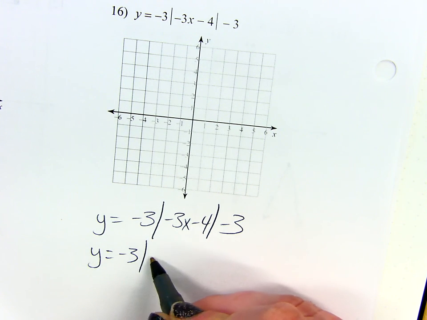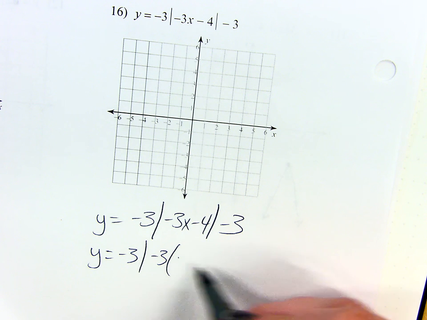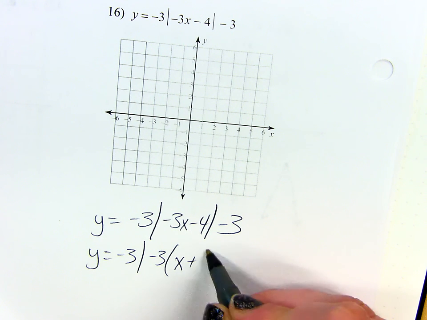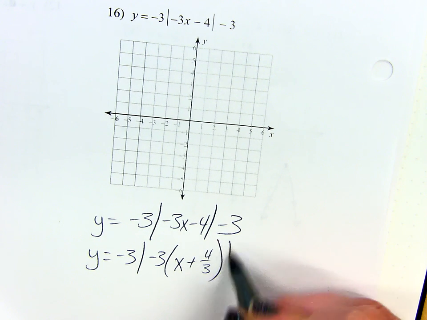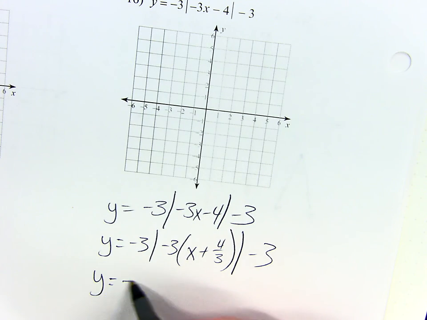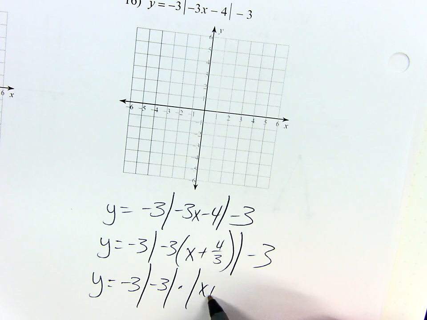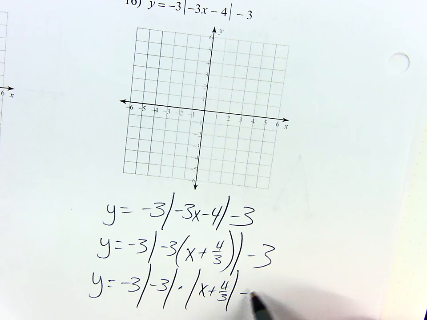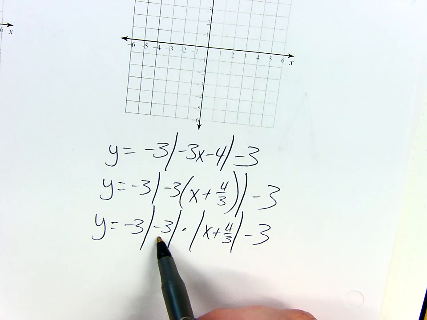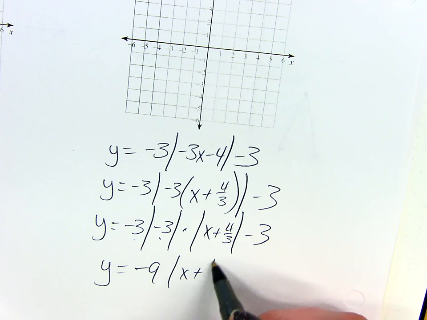Okay, so when I factor out that -3, what's left in there? Yes, perfect. X plus 4/3. I still have that -3. Split them up. Okay, and then we're almost there. Absolute value of -3 is 3, times -3. Ooh, -9.